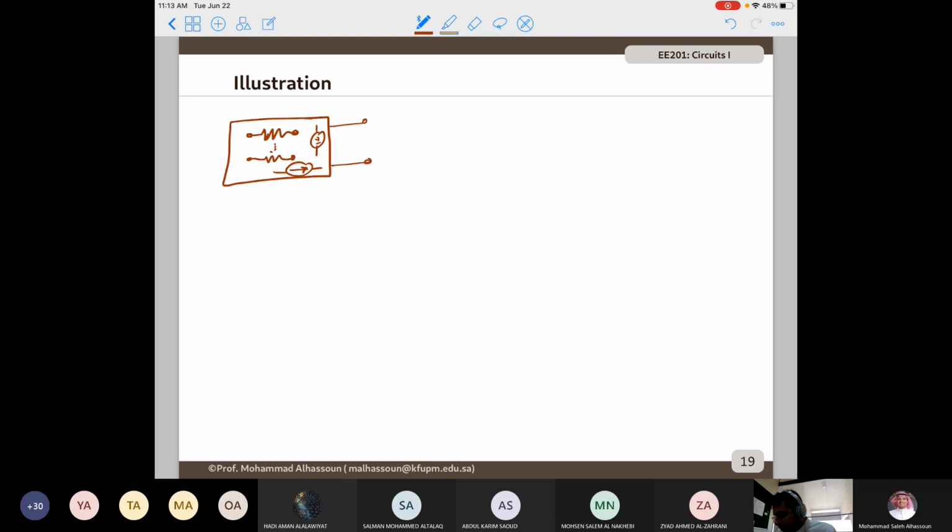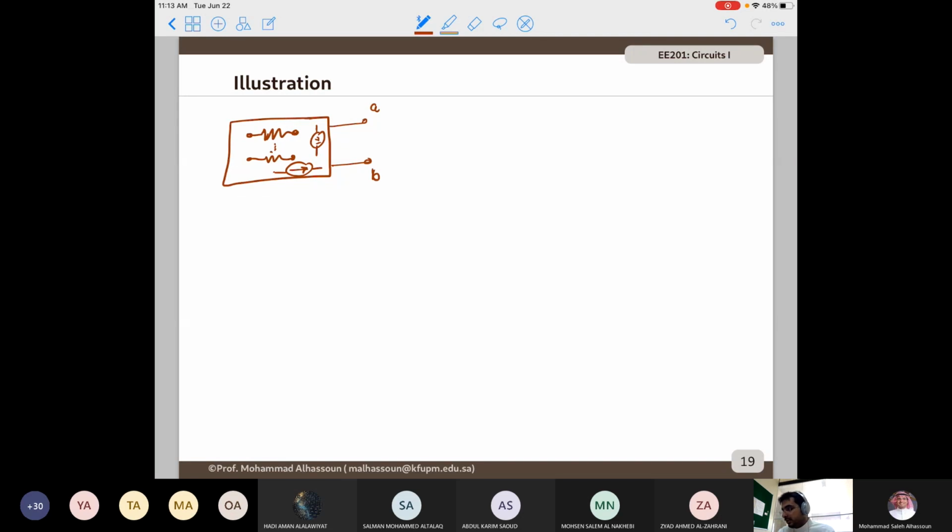And you want to take the output of your circuit between A and B. So imagine that this is a circuit that takes a 120 volt voltage source and converts it to 5 volts. And here you see that this is the 5 volt output.